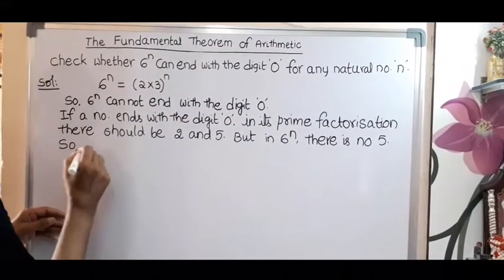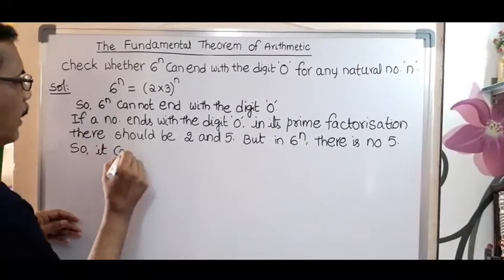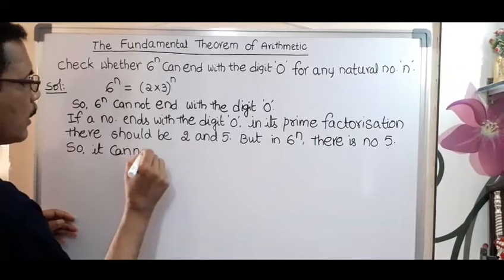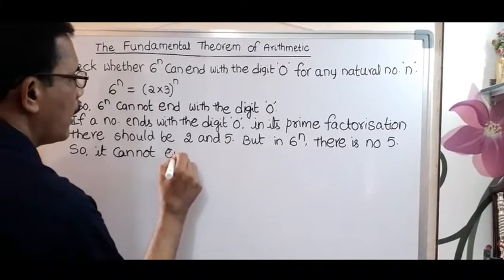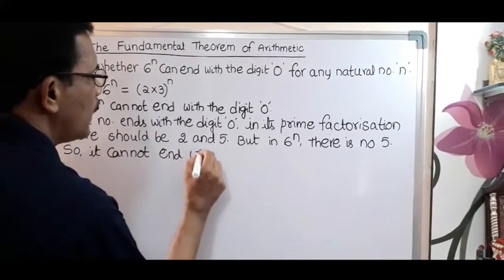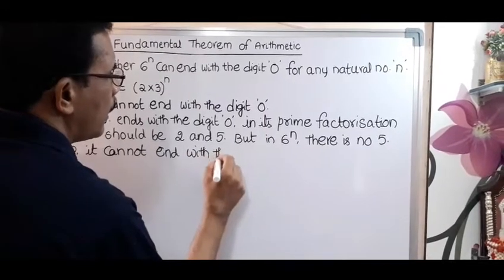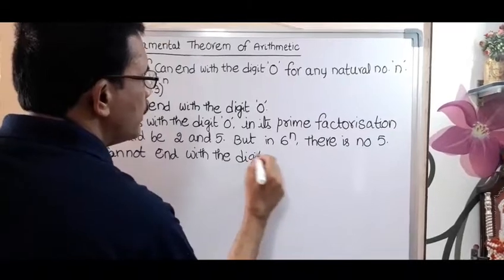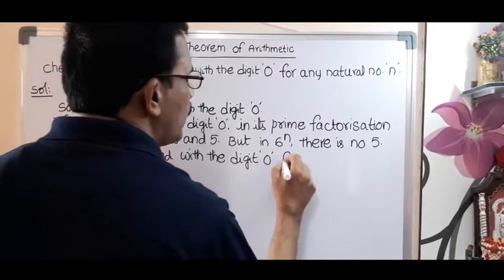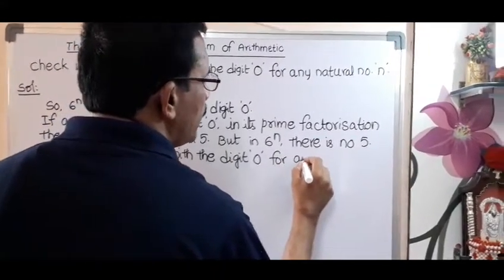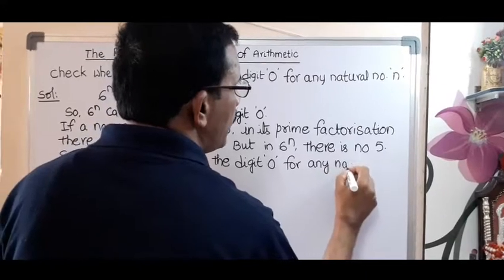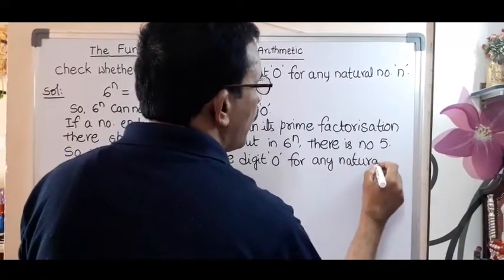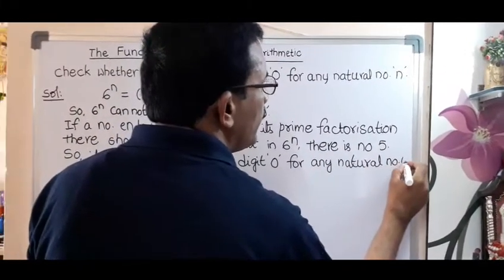So it cannot end with the digit 0 for any natural number n.